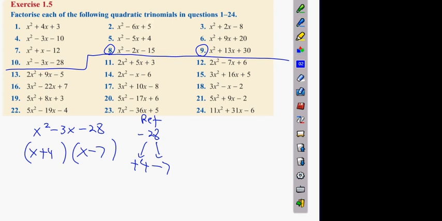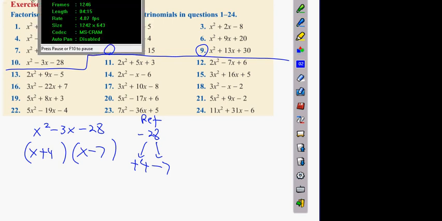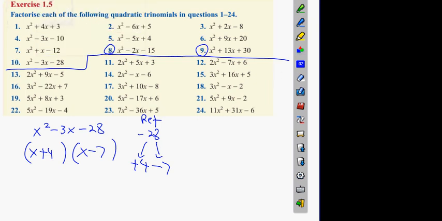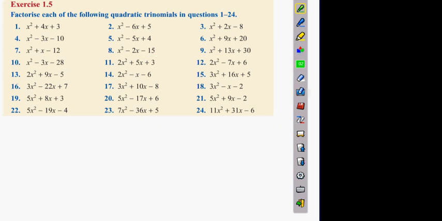What we're doing next is we're doing 8 and 9. On the board here, with number 8, the reference number is 1 multiplied by minus 15, which is minus 15.